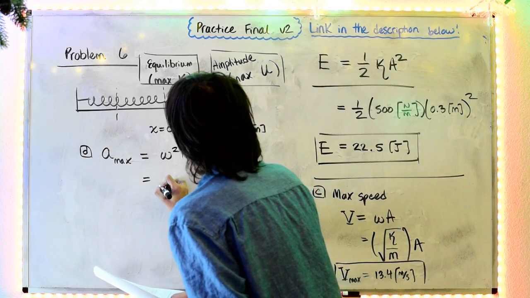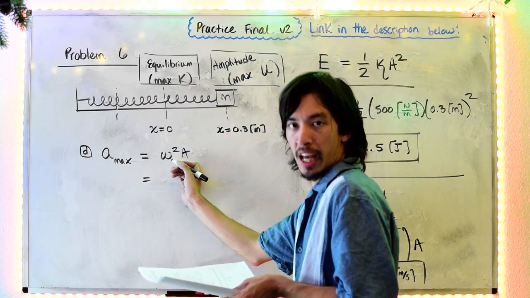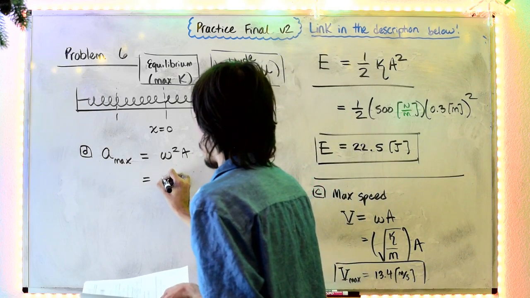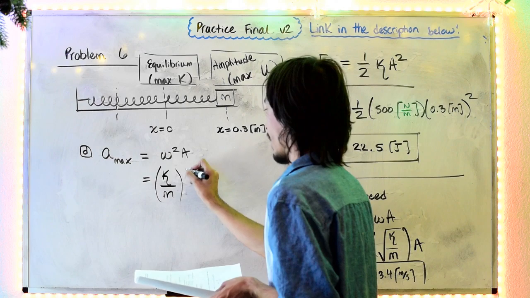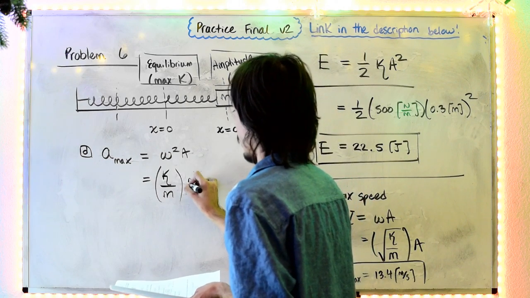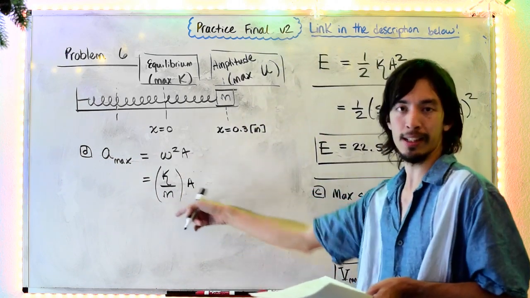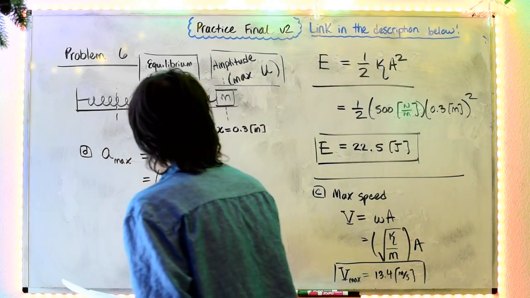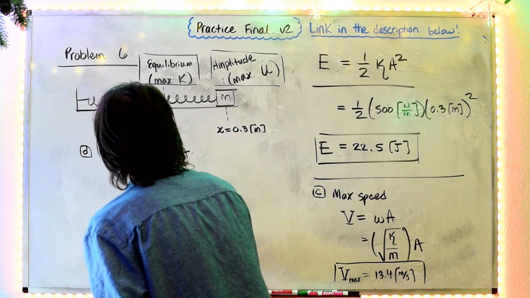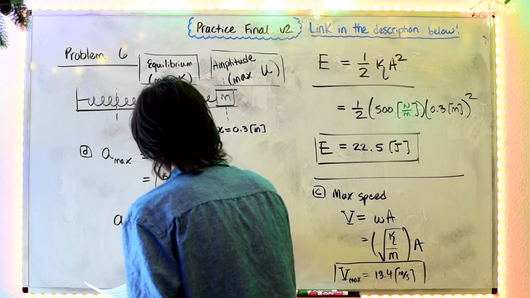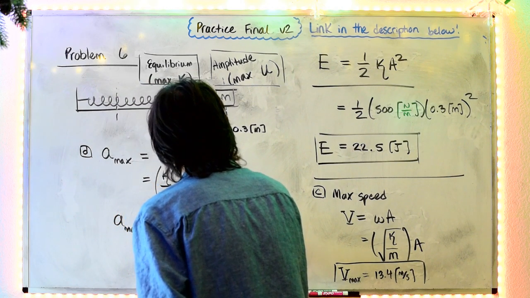So this is going to be the square root of K over M squared, which just ends up being K over M, times A, which is 0.3 meters. So plug in the same values, and you get that the maximum acceleration is 600 meters per second squared.